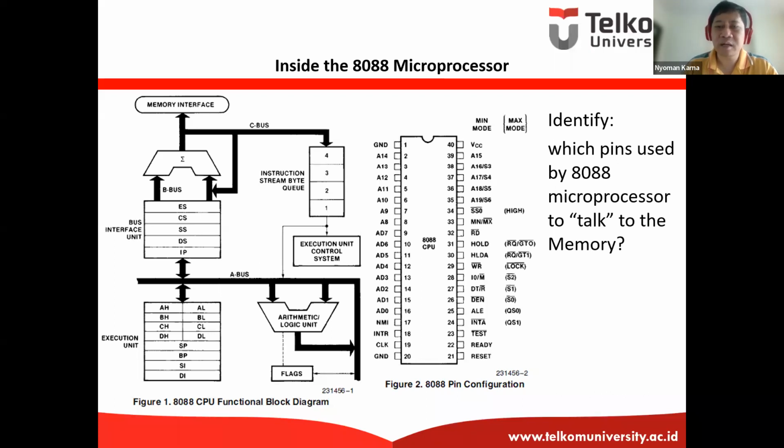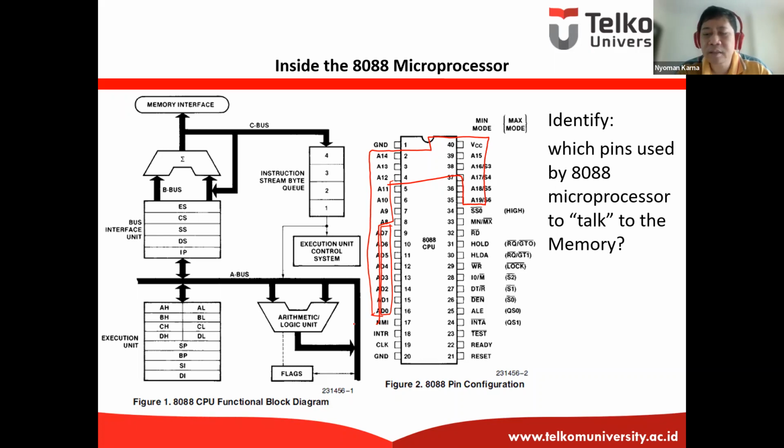First one is the data bus. This is the data bus. And then the address bus. Address bus is this one. Now the control bus.